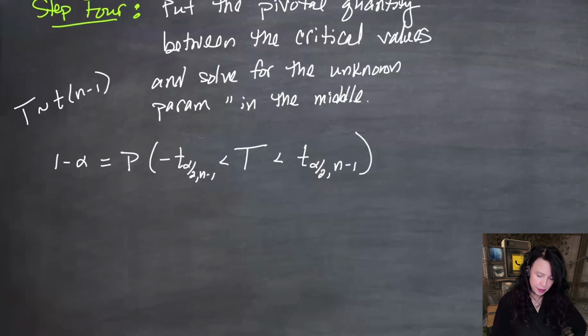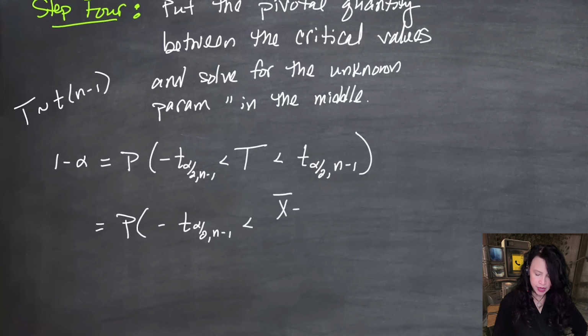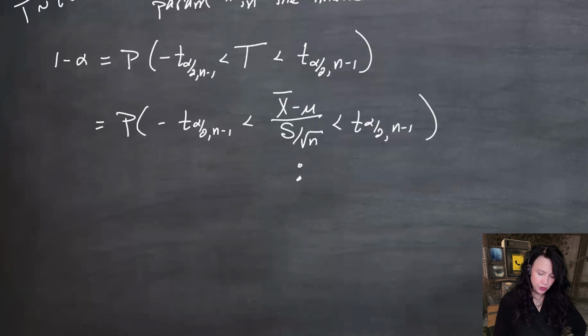And then let me plug in what our statistic is. It was x bar minus mu over s over the square root of n. And then you want to solve down and get mu in the middle, and then the side things are going to be the endpoints of your confidence interval.